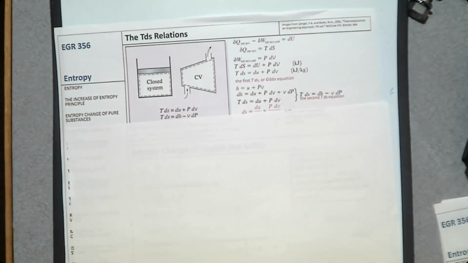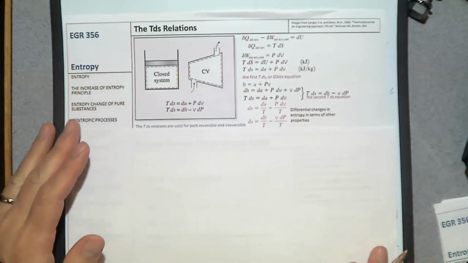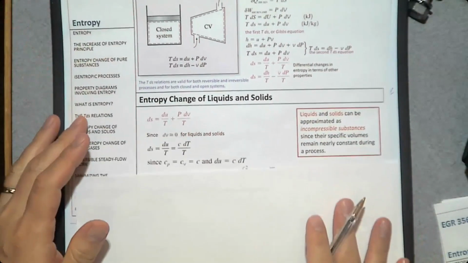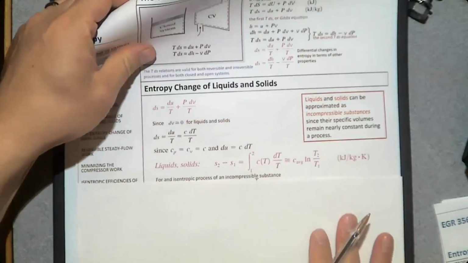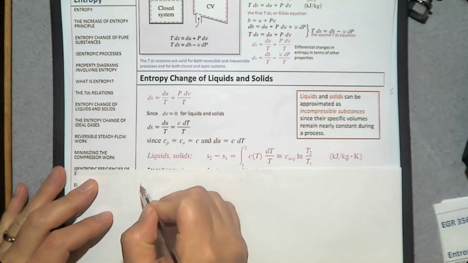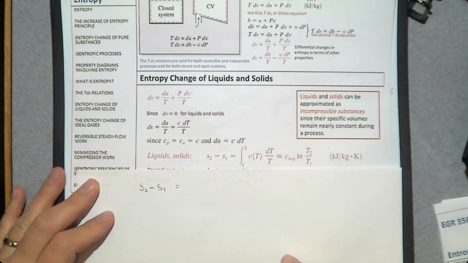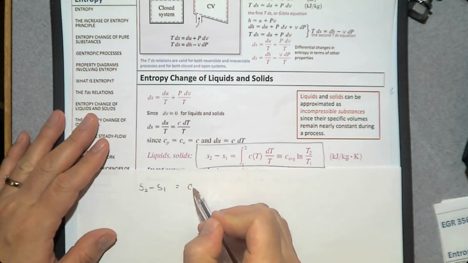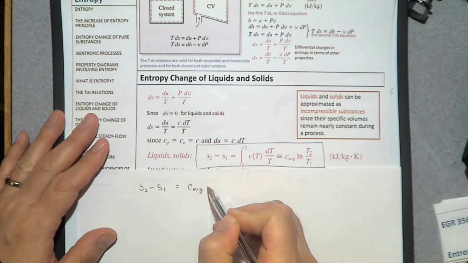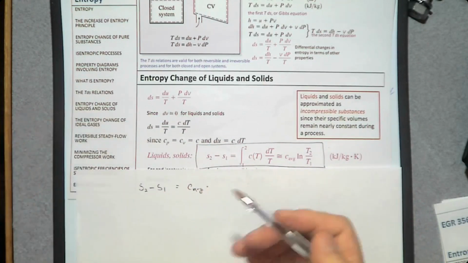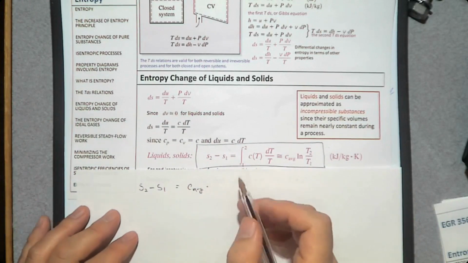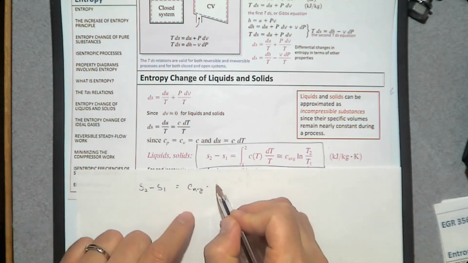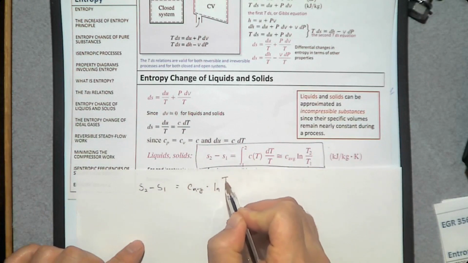Okay, so today we are going to talk about how to evaluate the entropy change of pure systems. If we have a solid or a liquid, the entropy change S2 minus S1 can be determined by this equation: C, the specific heat evaluated at the average temperature between T1 and T2, times natural log T2 over T1.